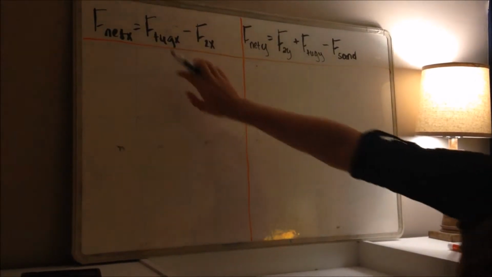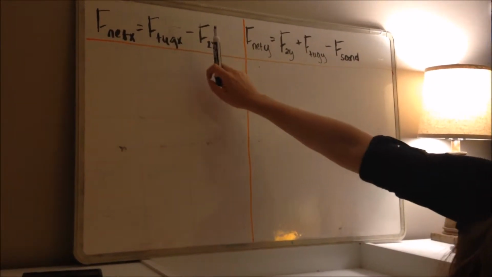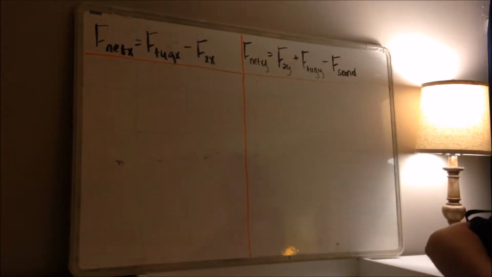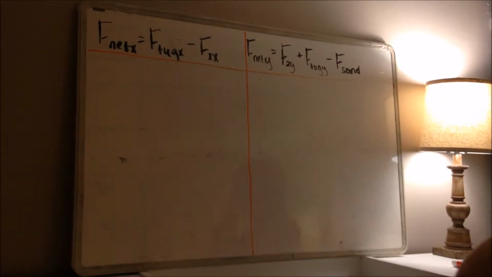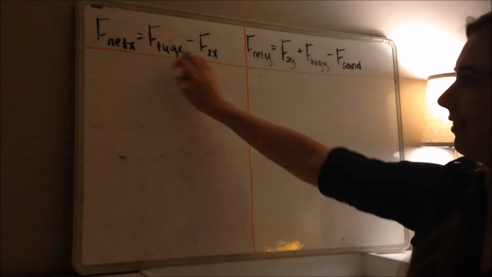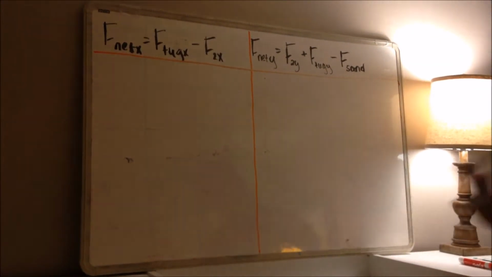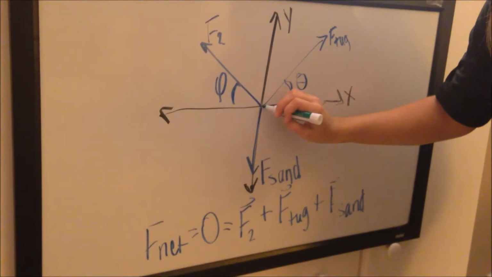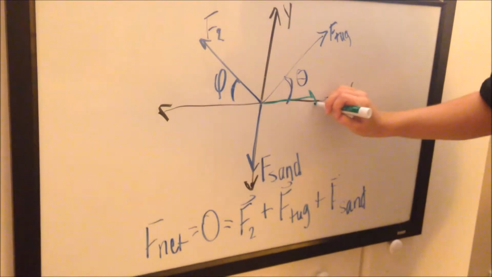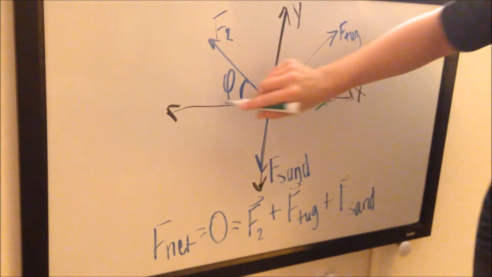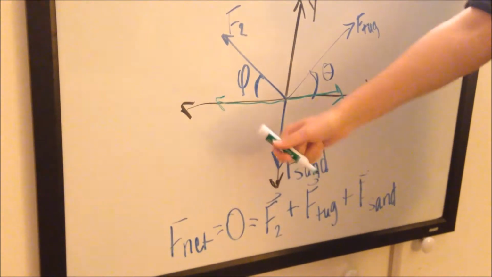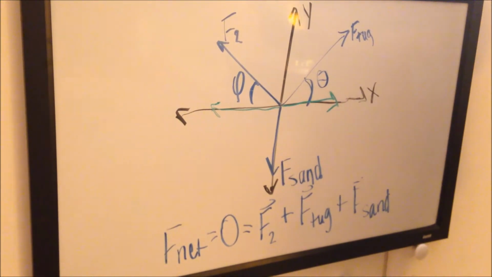Okay, so we have to use this equation to solve for the force of the unknown. So first off, we have to find what these are. If you look back down at your free body diagram, what we're going to be looking for is the x component of tug and the x component of F2, which you know you're going to have to use your sines and cosines to do.